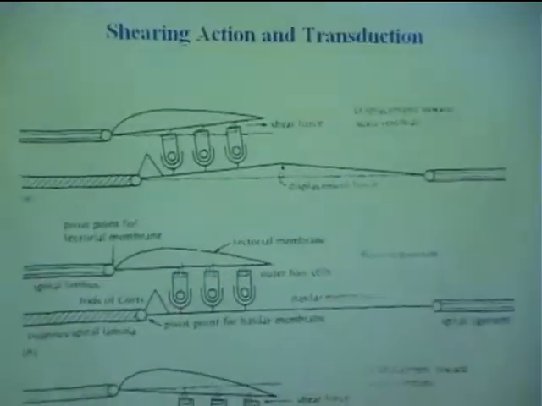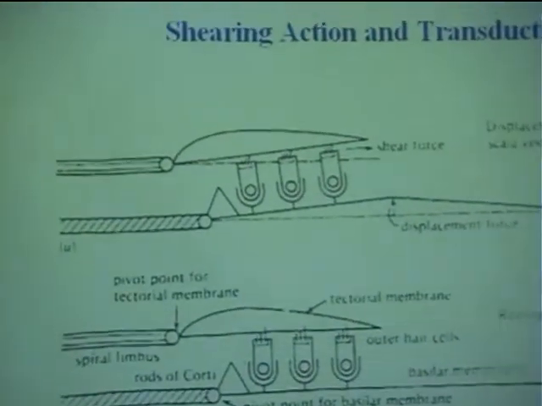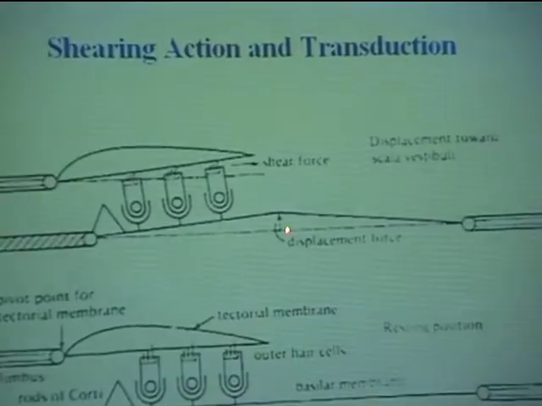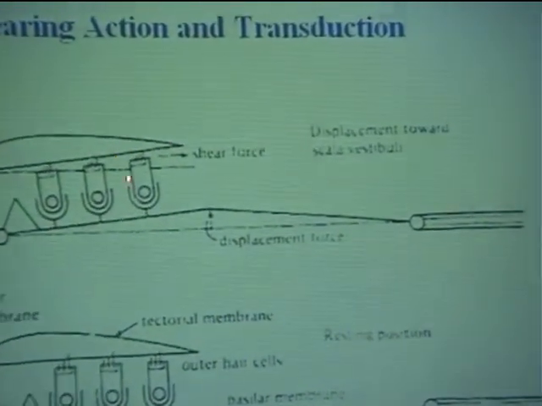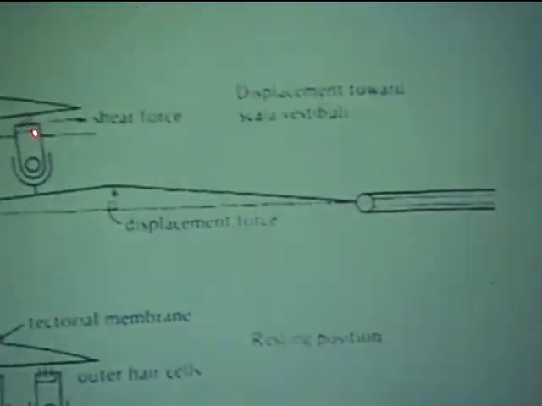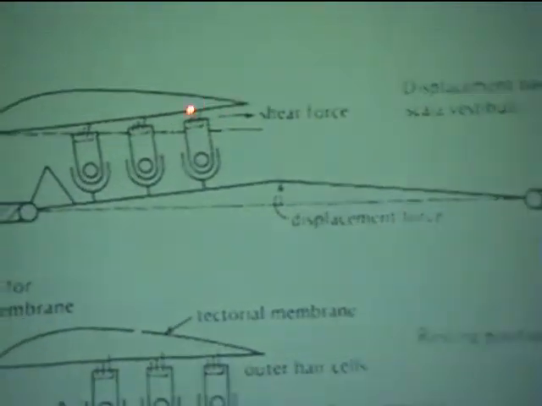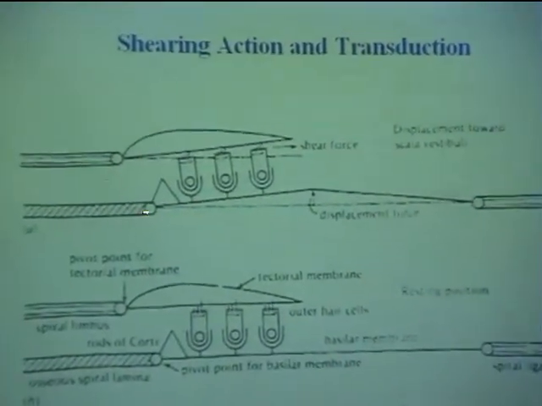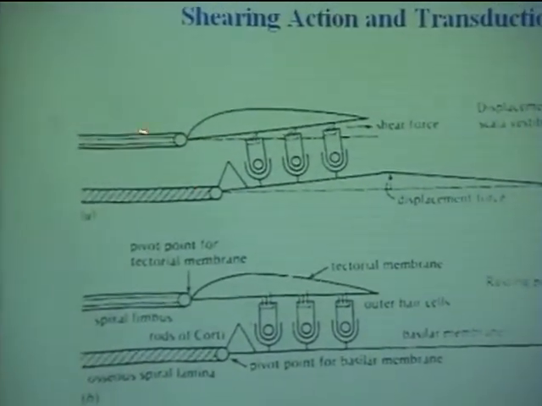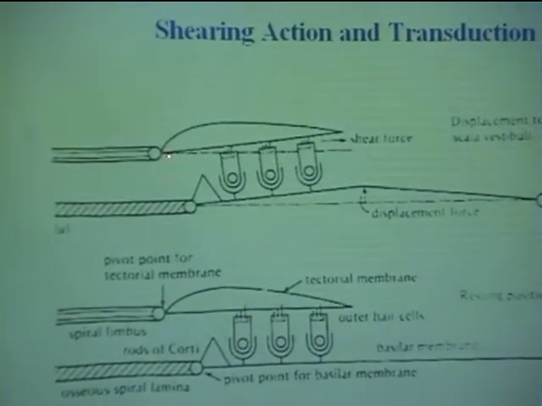Now if you look at what happens at the level of the cells when the basilar membrane moves, the basilar membrane has a displacement force, and because the outermost cilia of these outer hair cells are embedded inside the tectorial membrane, they have what is called a shearing force. The basilar membrane is anchored quite firmly on one side, and so also the tectorial membrane.